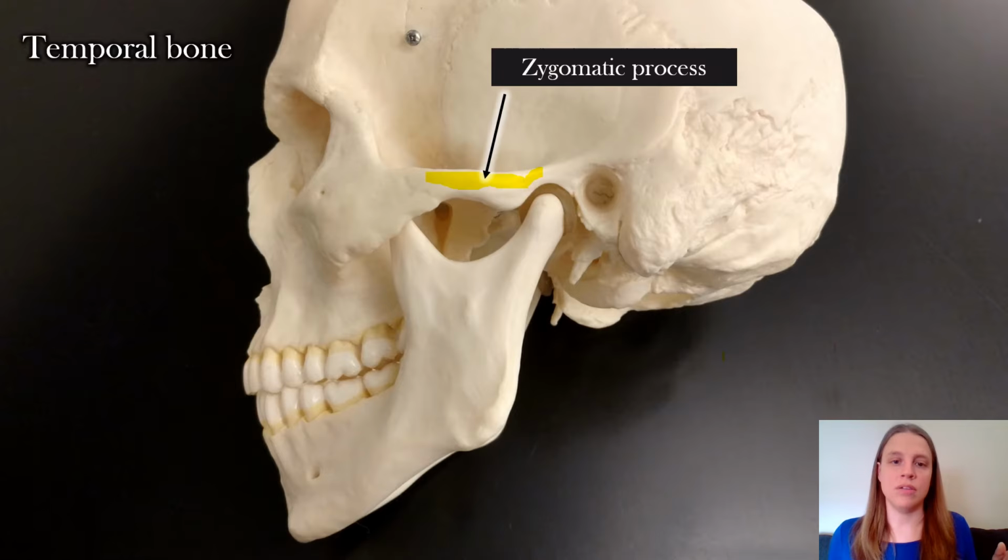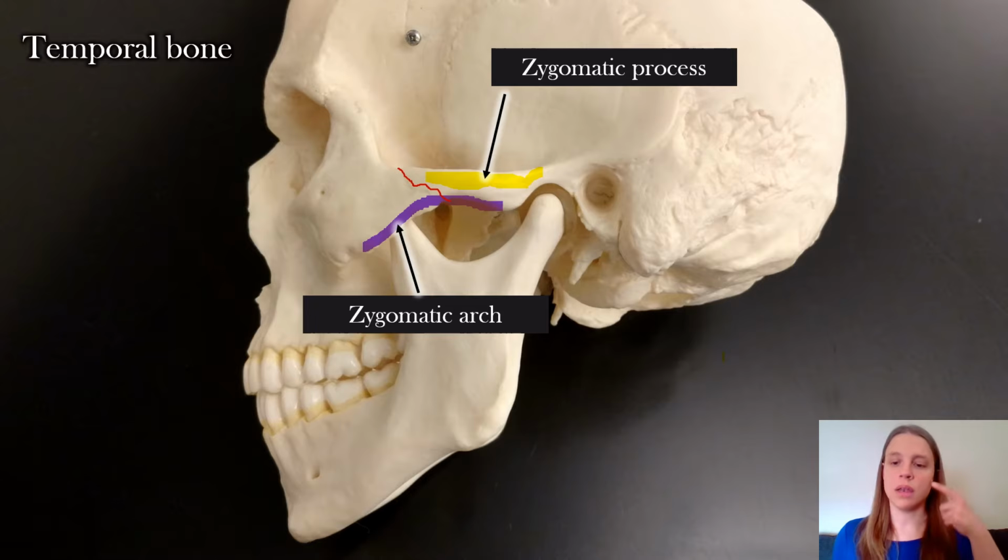You also have the zygomatic process, which is a little arm of bone that's going towards the zygomatic bone. If you look, there's a little suture here which separates the temporal bone from the zygomatic bone. But then the whole arch, which is partly zygomatic bone and partly zygomatic process, is the zygomatic arch.